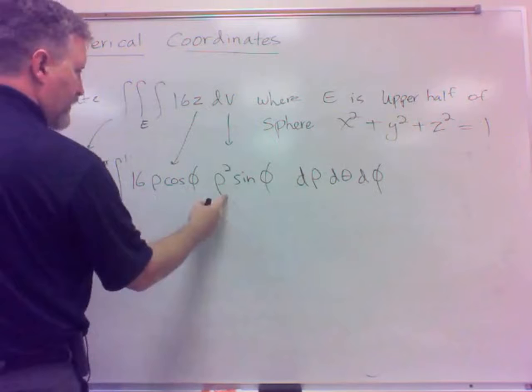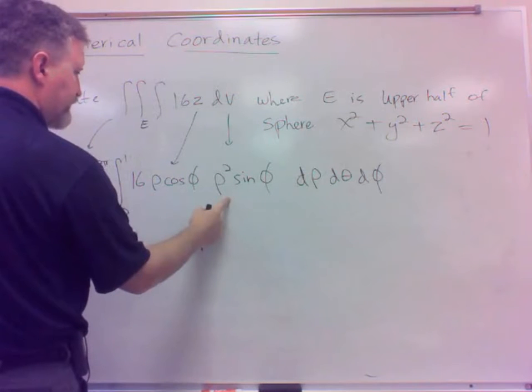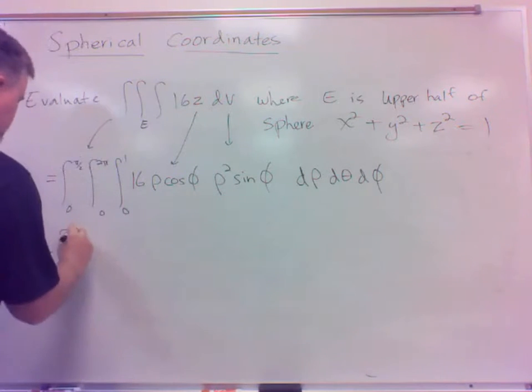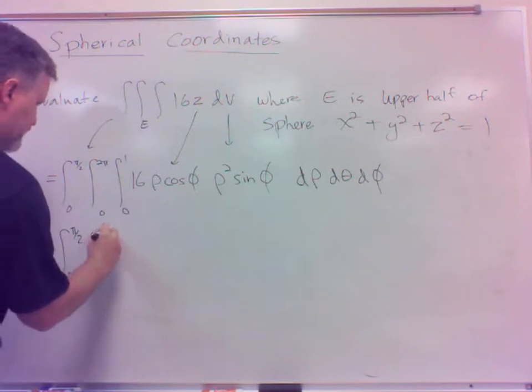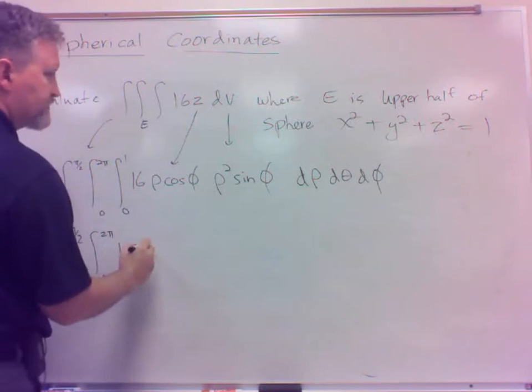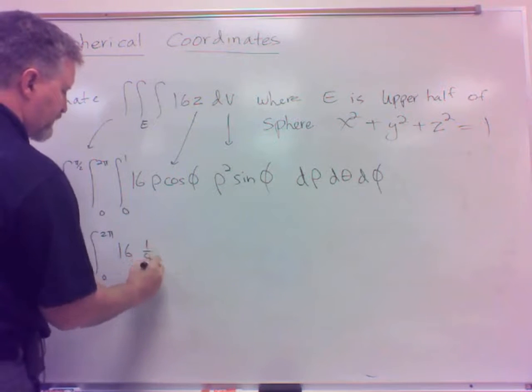So we're integrating rho first, so that would be rho cubed. The integral from 0 to pi over 2, 0 to 2 pi. For the first integral, we have 16 times one fourth rho to the 4th, right?